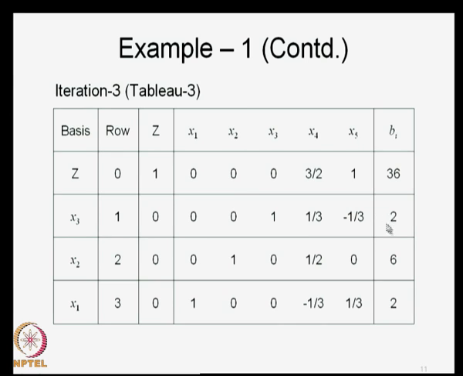So, that is how you get 2 here. Like this, you convert each of these numbers and write the table number 3, much the same way as you did from table number 1 to table number 2. The same formula you use and then get the table number 3.